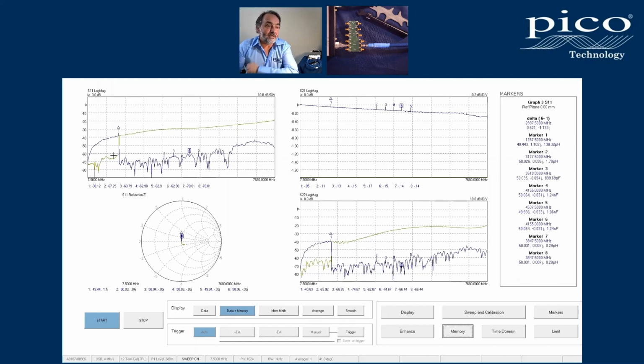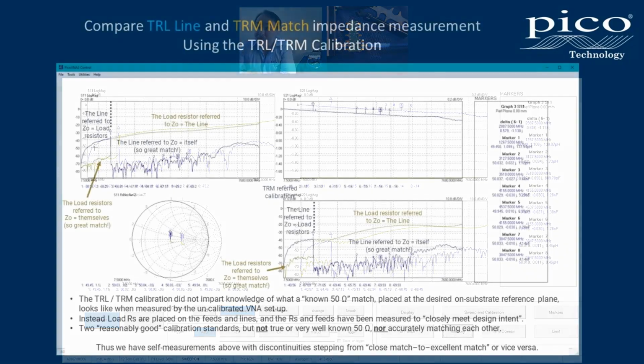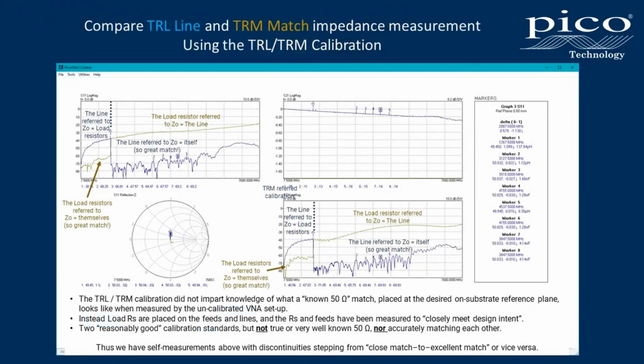So this is how these discontinuities come about, and each section of the TRL calibration is based on different standards, and so you're bound to get discontinuities, and you'll particularly get discontinuities if you're measuring one of the standards that was used in the TRL calibration.